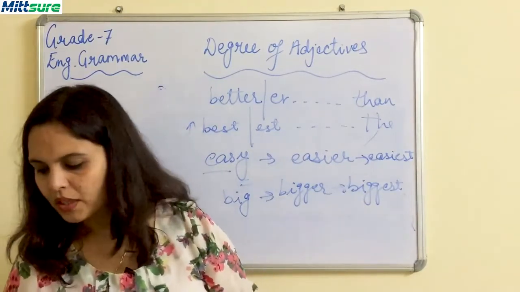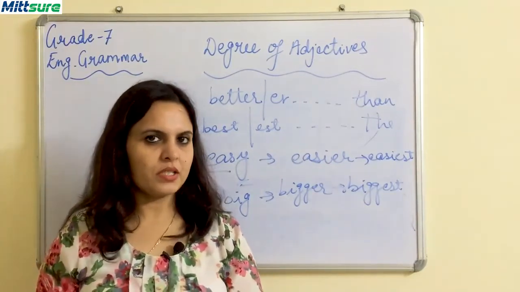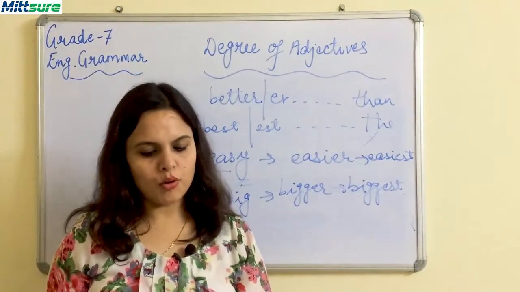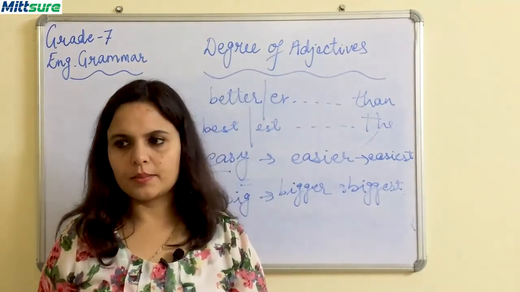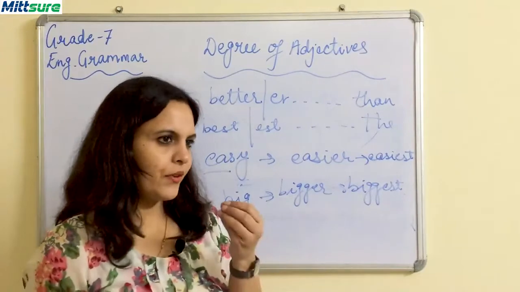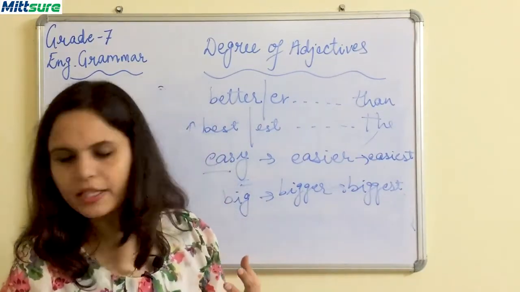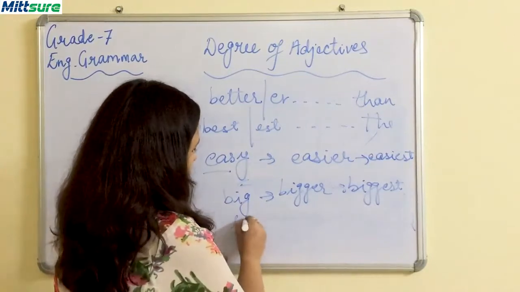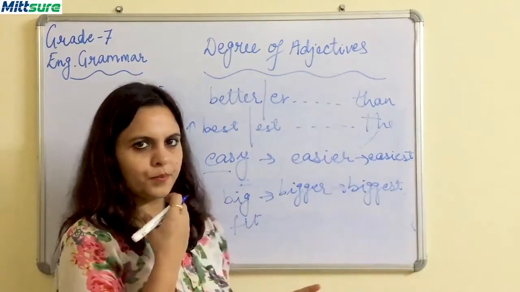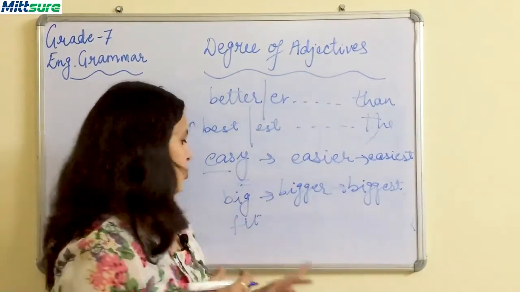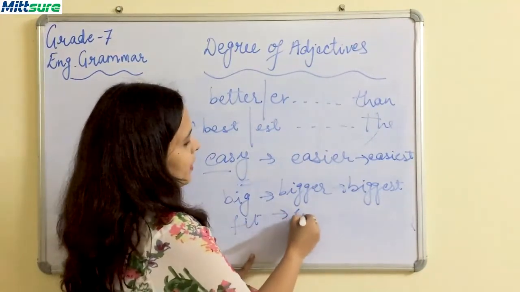So here, what will we do? We will just add one more consonant into it. Like fit. Fit has a short vowel, a very soft vowel. So fit, F-I-T. It's not feet, it's fit. So T will be double here.